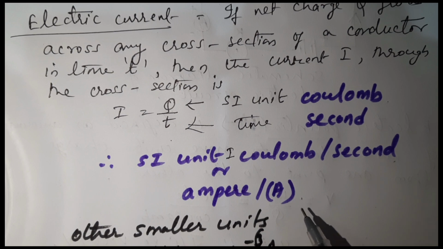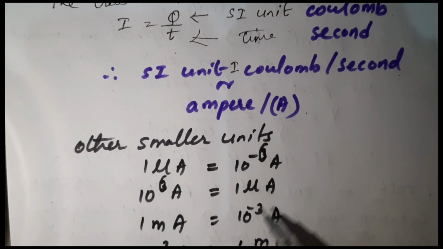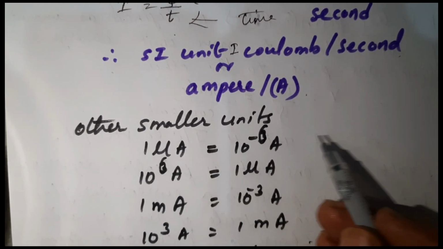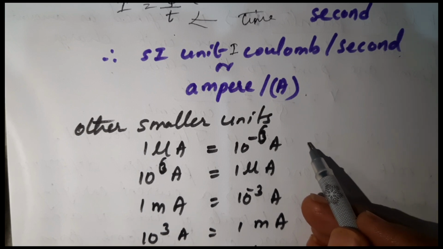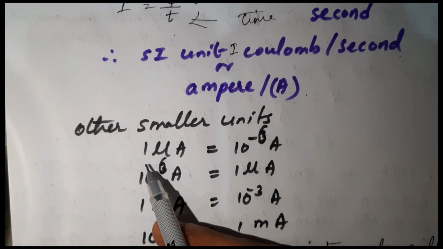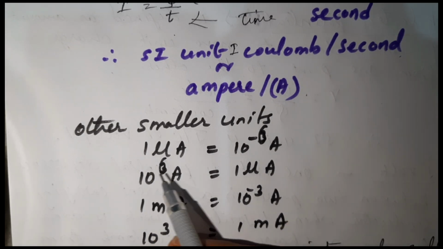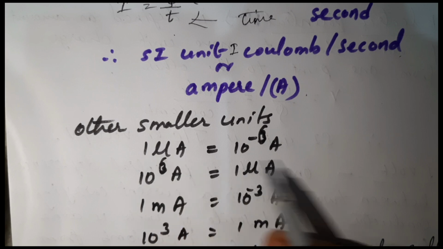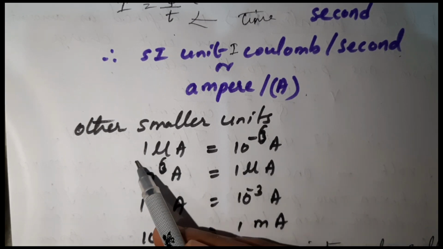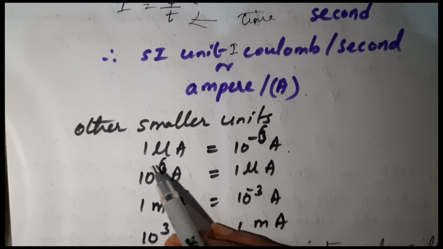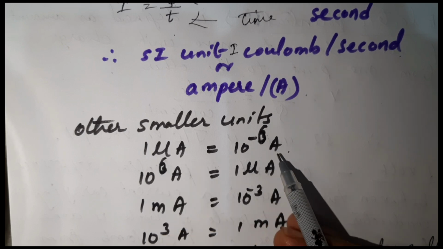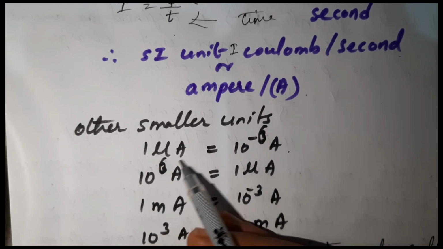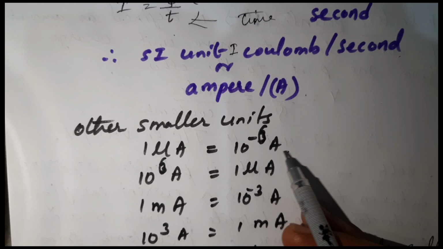Now the next important question which can be asked is about other smaller units. Here students sometimes get confused in their MCQs. What is the relation between 1 microampere and ampere? If they ask microampere to ampere, we need to write 1 microampere is 10 raised to minus 6 ampere, because micro is the smaller unit and ampere is the bigger unit.